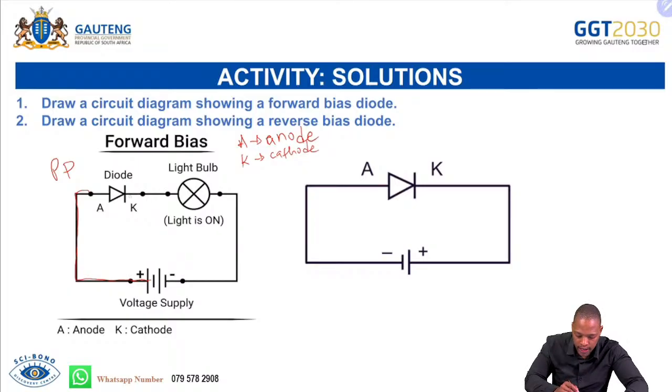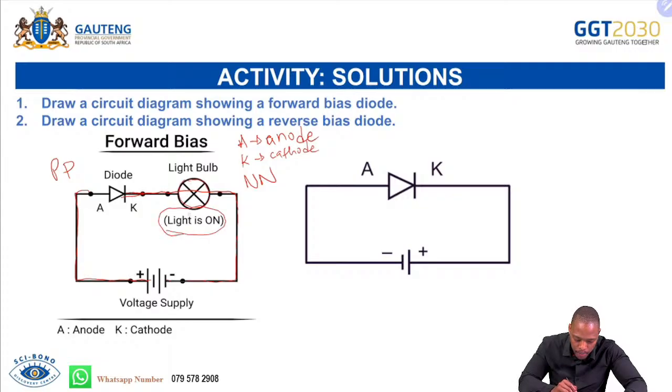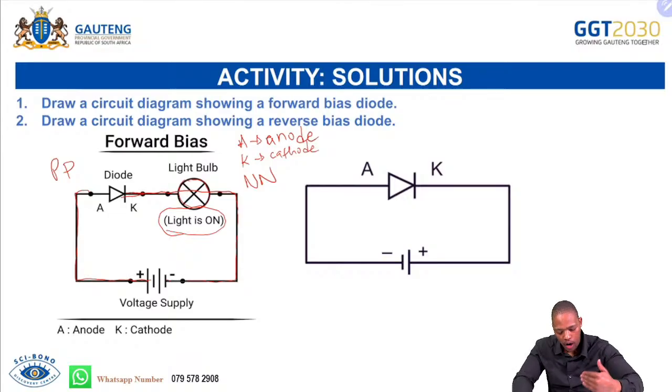And then the negative terminal of the diode, or the cathode, is connected to the negative terminal of the battery. And here you have it, here's your light bulb, and it clearly says the light bulb is on. The light bulb should be on because you are having electricity here. This diode, which is a semiconductor, is now conducting electricity, okay?